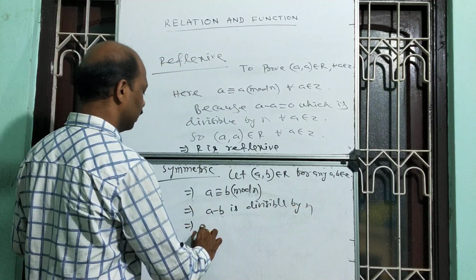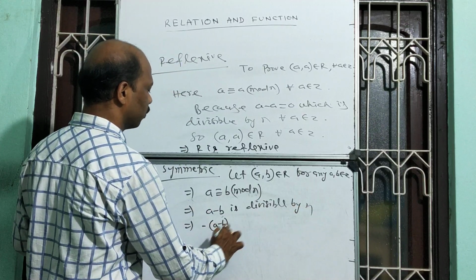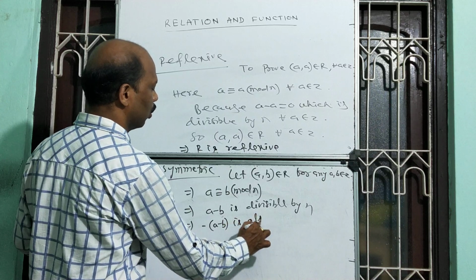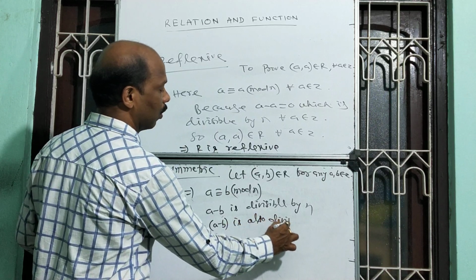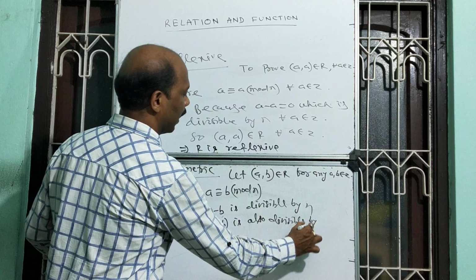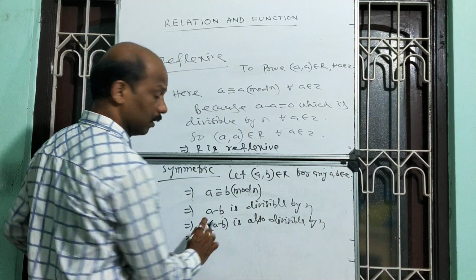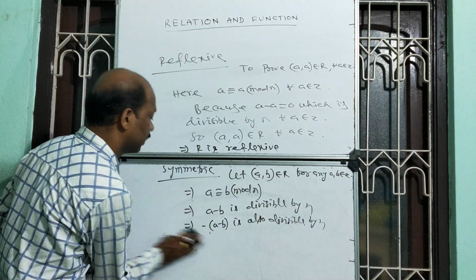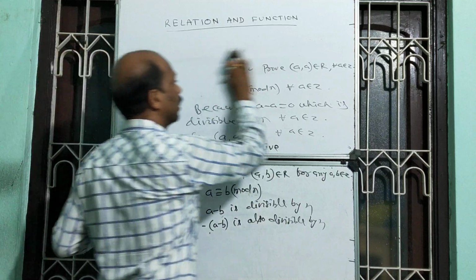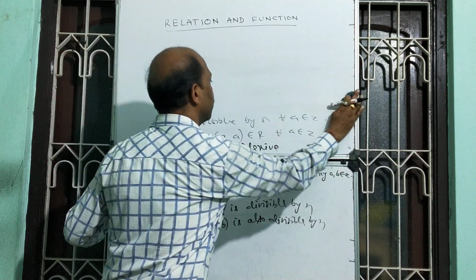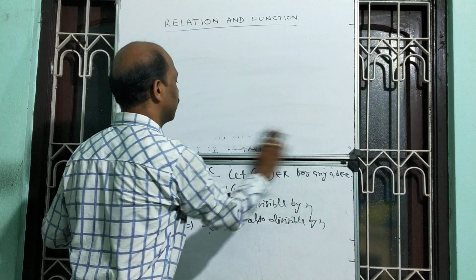That implies minus of (a minus b) is also divisible by n. That implies b minus a is divisible by n, since minus of (a minus b) is equal to b minus a.